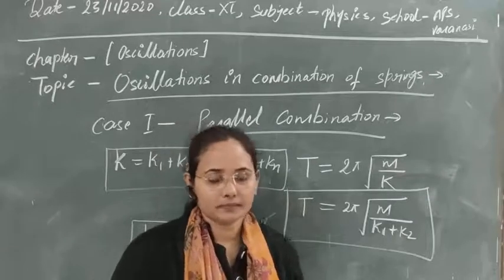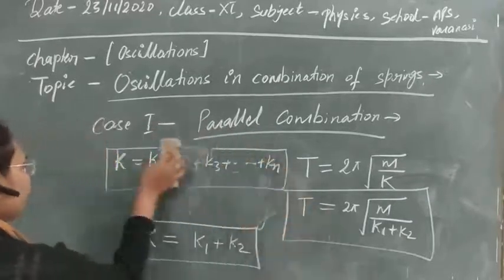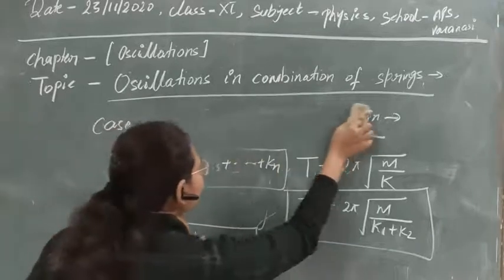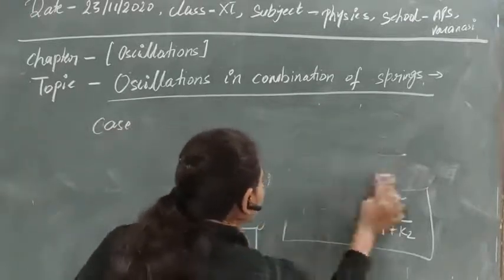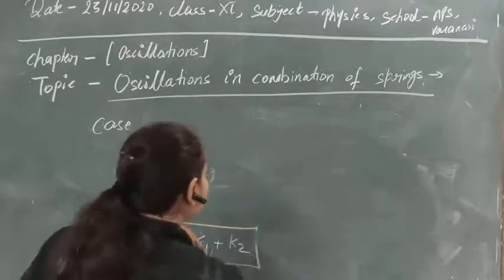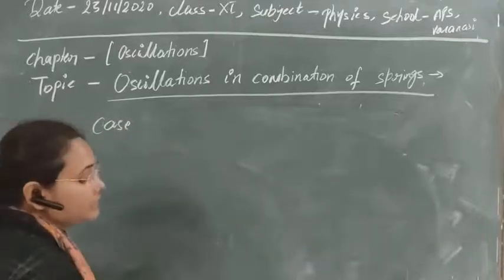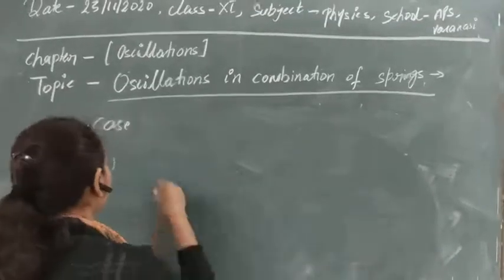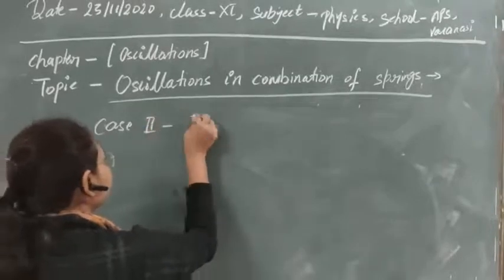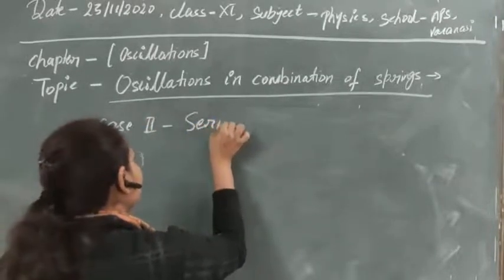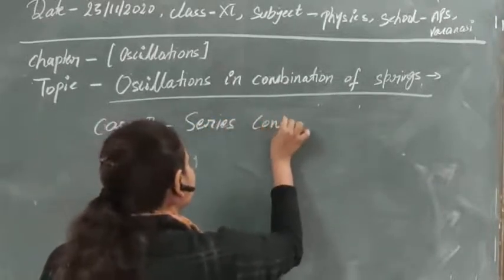The second case is that we join these two springs in series. So this is case second, the series combination.